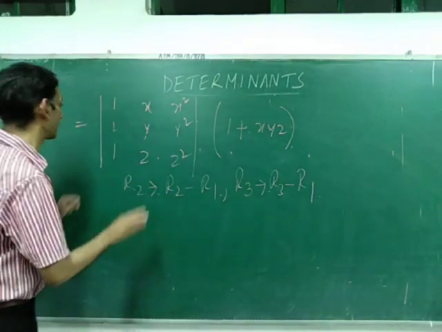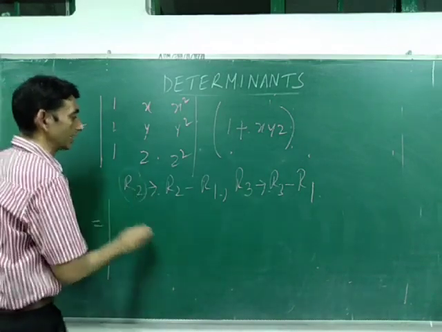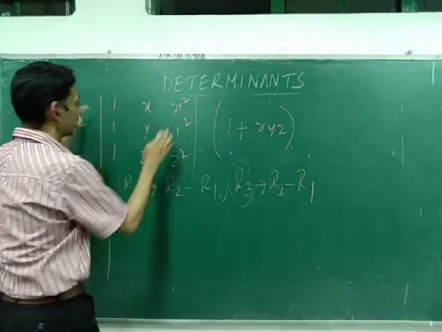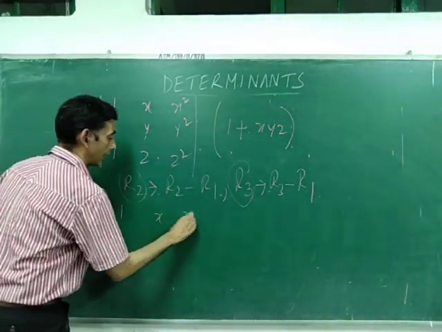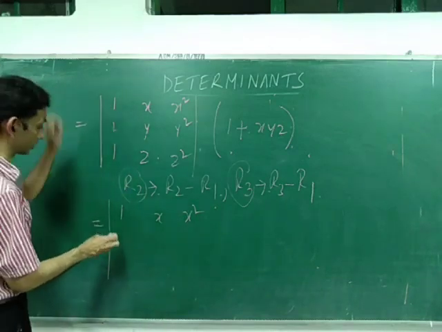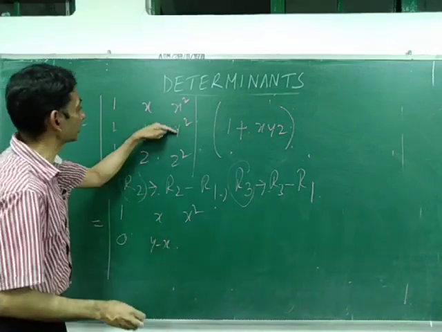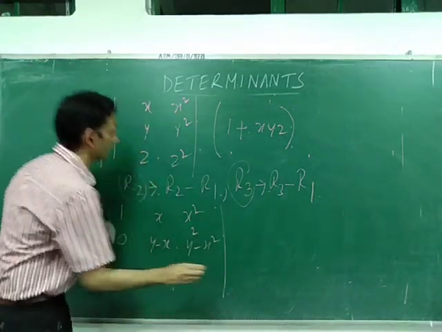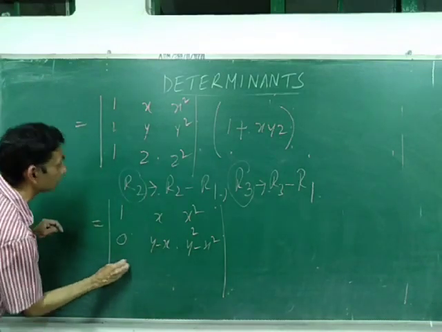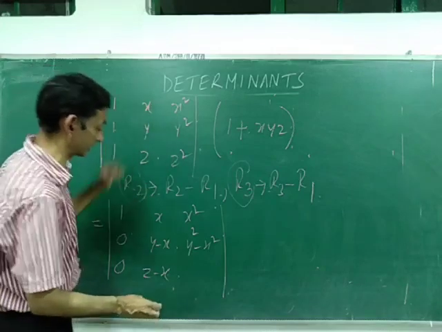Now, after doing that, what are we going to get? In the operations, R2 is there and R3 is there, which means R1 is not going to change. So it's 1, x squared. If you subtract, 1 minus 1 is 0. Then y minus x, then y squared minus x squared. Again, 1 minus 1 is 0, then z minus x, then z squared minus x squared.